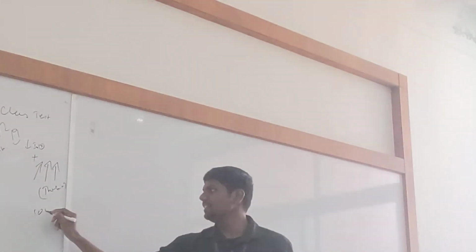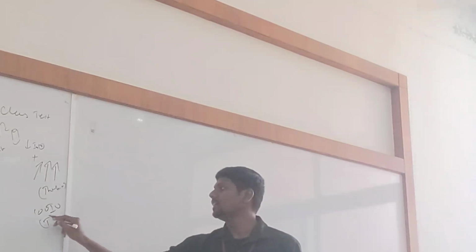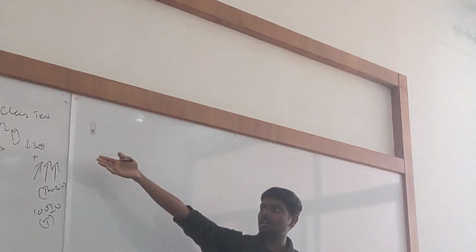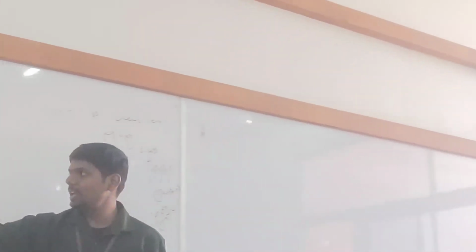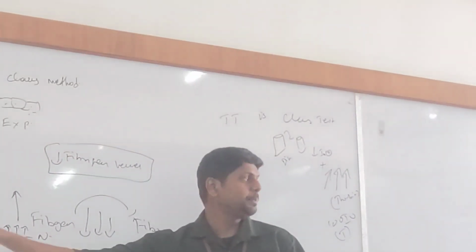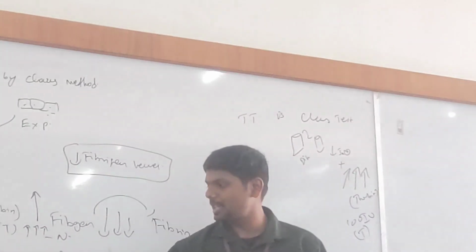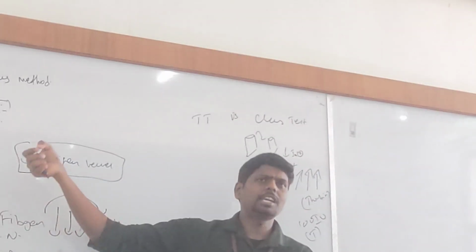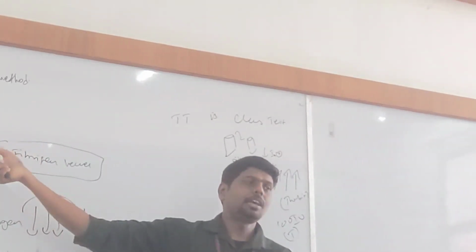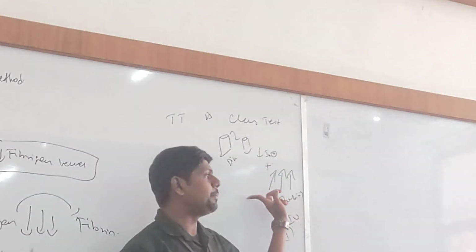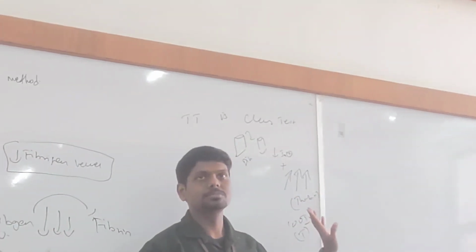I will use 100 international units of thrombin as an activator in the Clauss test. Why am I using heavy thrombin? Because I cannot rely on the body's thrombin. This normal thrombin present in the body might be suppressed by inhibitors. So let me take an increased, extra thrombin, heavy thrombin concentration with a diluted sample to get the right value.